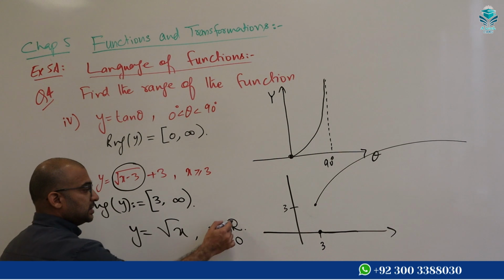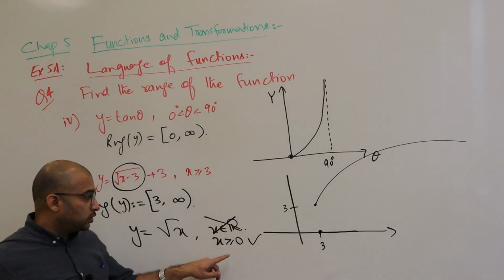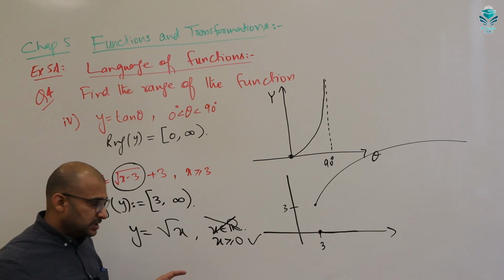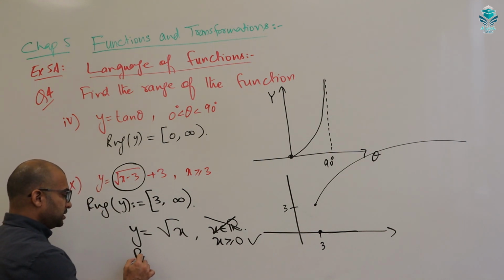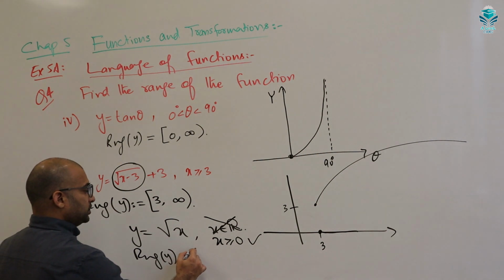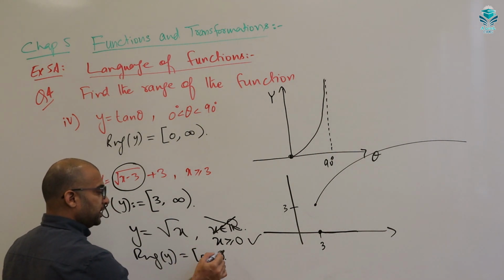So this domain is not good. This is a good domain, and for every x there exists a unique y. So the range of y is also 0 to infinity, the same.